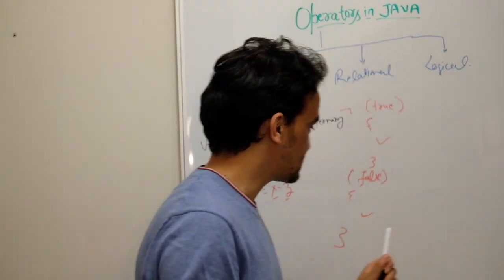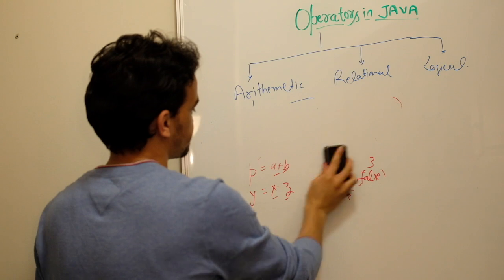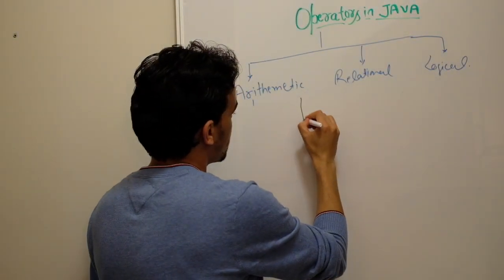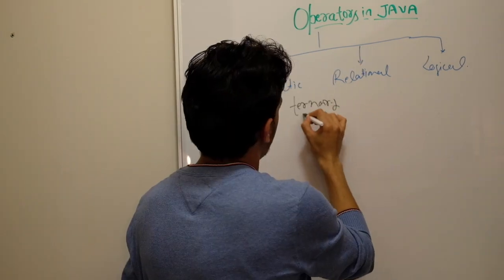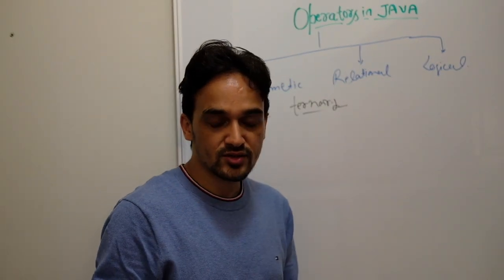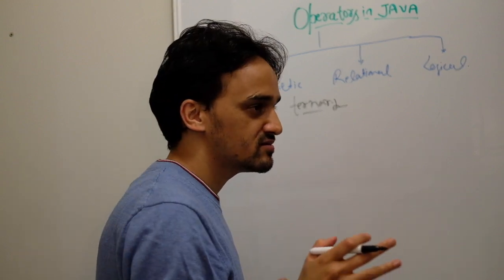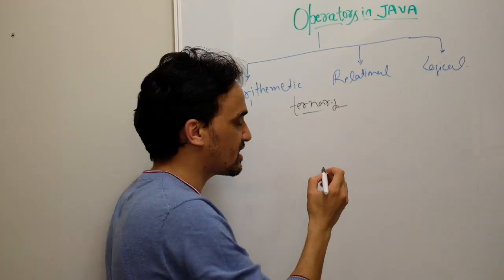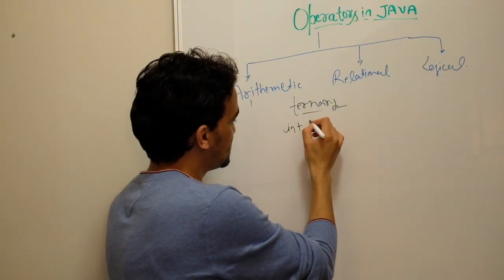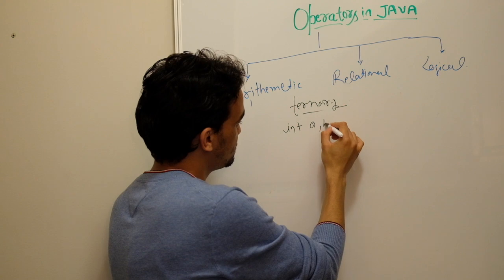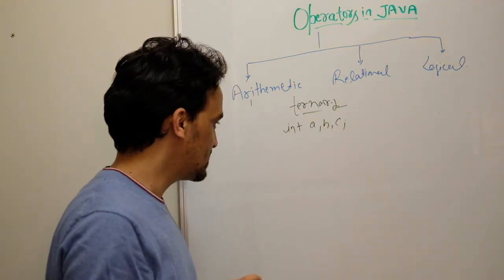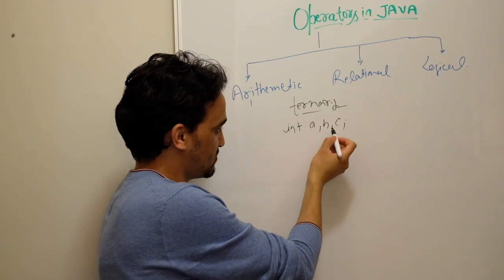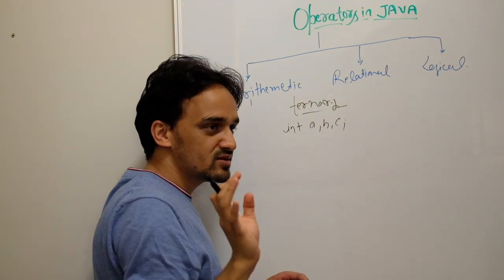Let's understand this with an example. We are studying the ternary operator, and in ternary operators we have 3 operands involved. Let's suppose we have 3 variables, int a, b and c, and we want to do a certain operation on the basis of some condition.